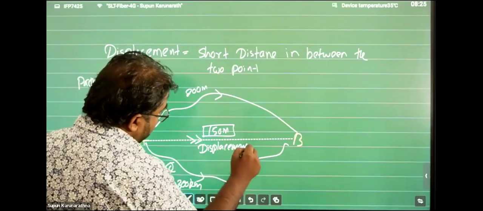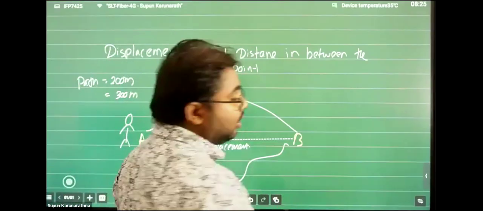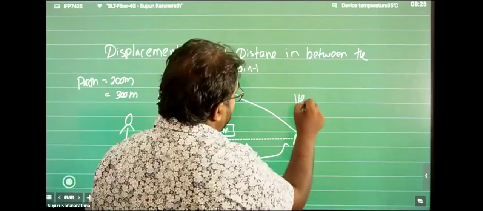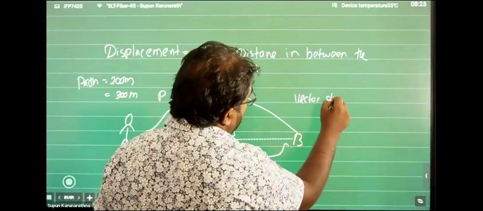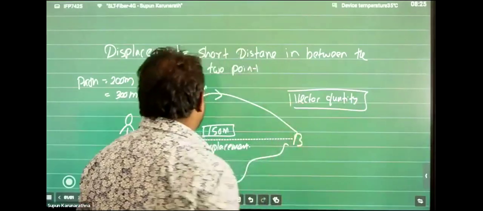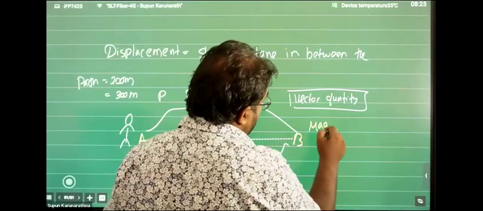Displacement is the shortest distance. Displacement is a vector quantity. Why do we call it that? It has magnitude as well as direction.